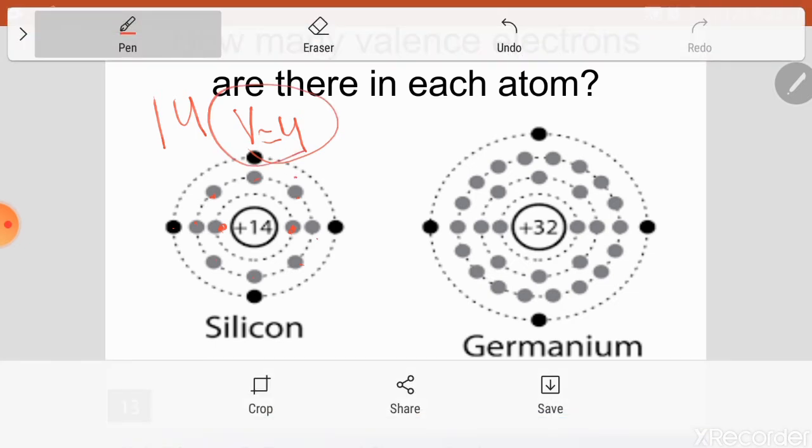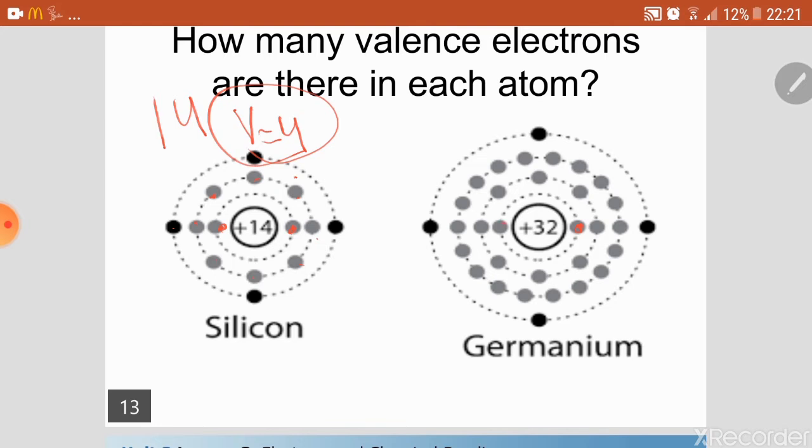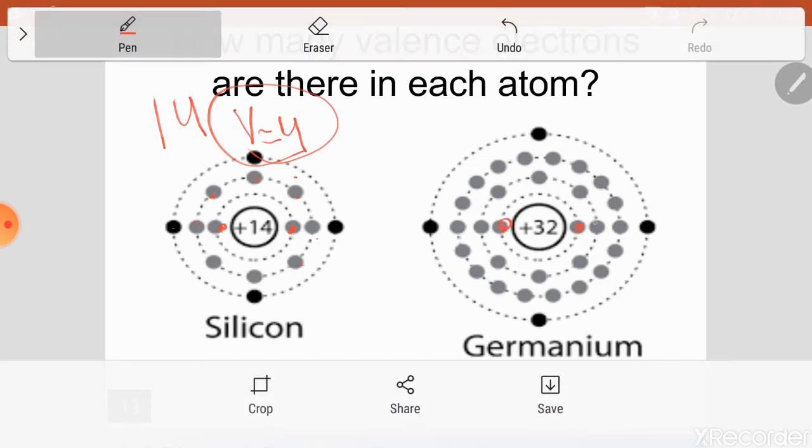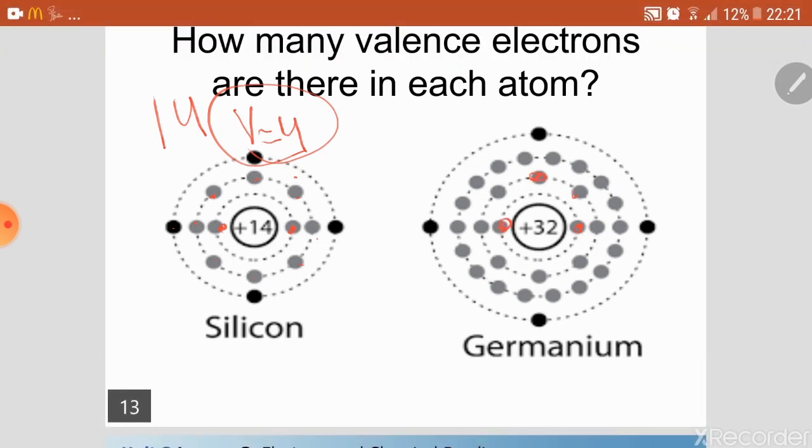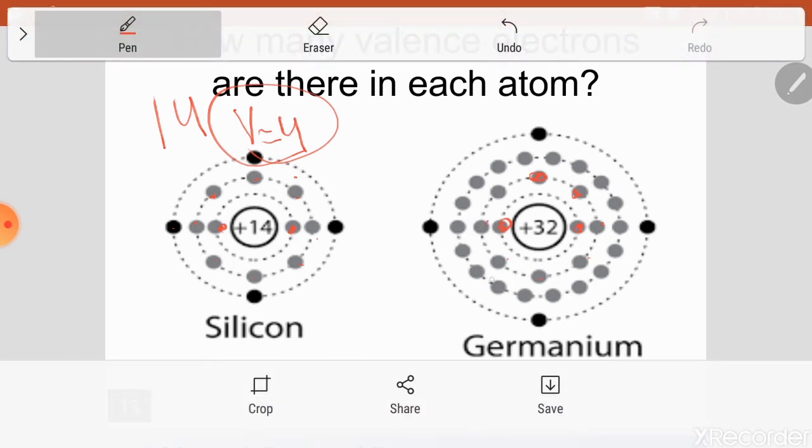Now in germanium, we start from the first energy level, which can hold up to 2. The second energy level can hold up to 8, so they become 10. The third energy level can hold up to 18.